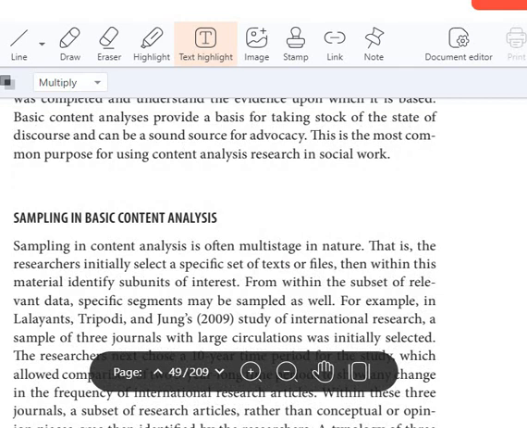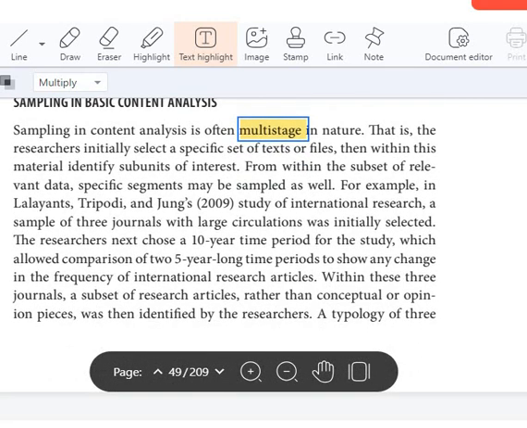What about the sampling? What we should understand here about the sampling is that, the first thing to know, it is a multi-stage process. So sampling in content analysis has many stages. Okay, so it doesn't include only one stage, no, different stages. What do we mean by multi-stage? It means that we select a specific set of texts or files.